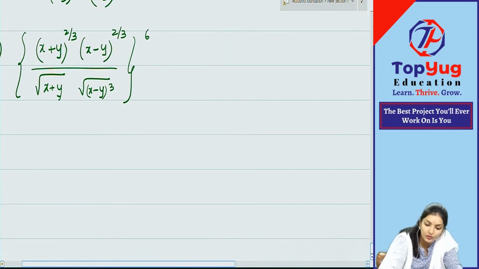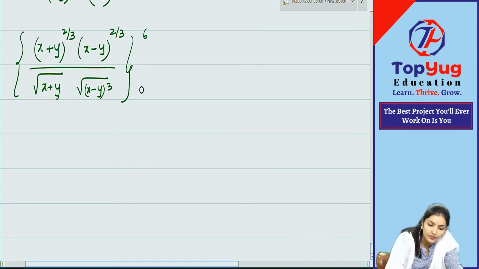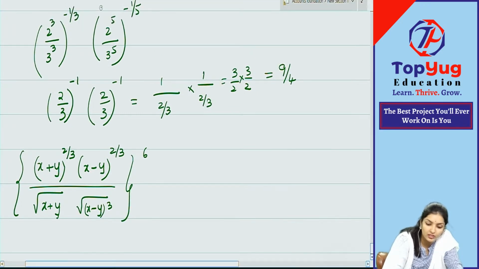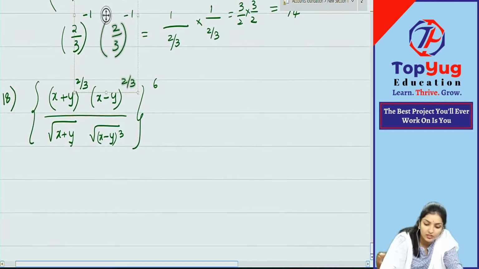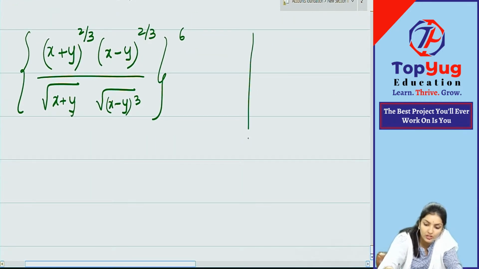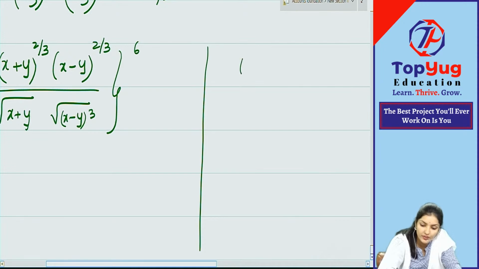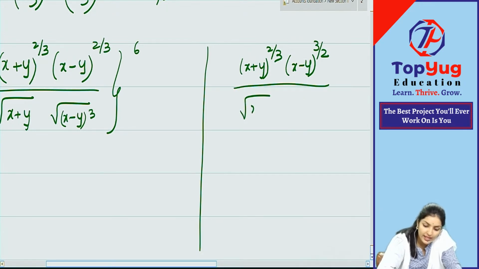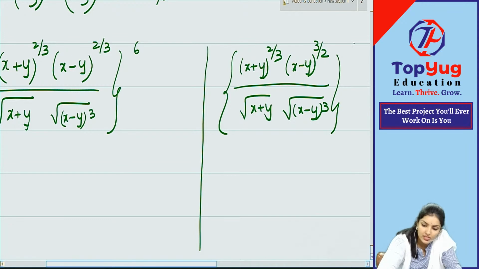Now from tomorrow, I'm going to use a pad. So I'll just write over here with one change: x plus y to the power 2 by 3 into x minus y to the power 3 by 2, as a few of the textbooks are having this. Similarly, divided by x plus y into square root of x minus y cube to the whole power 6.